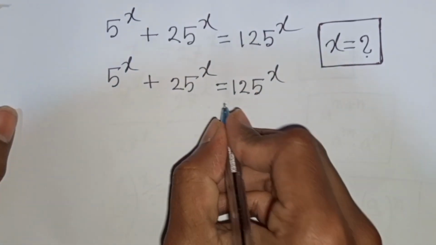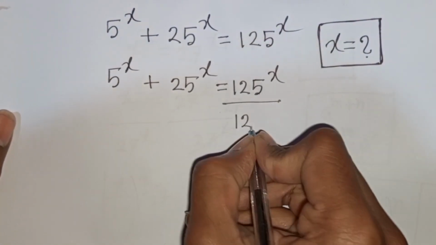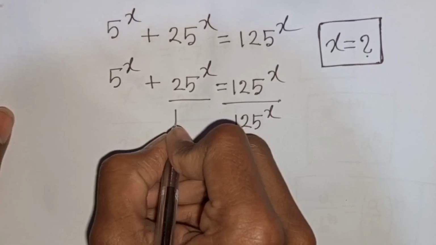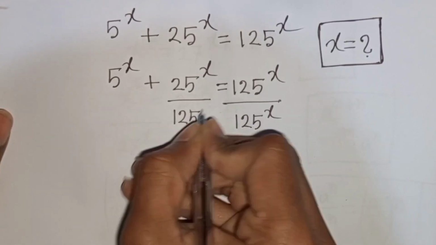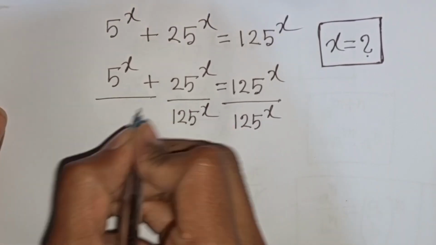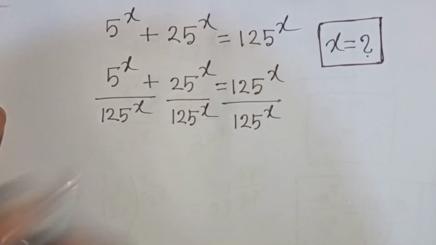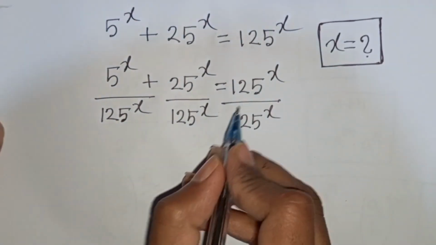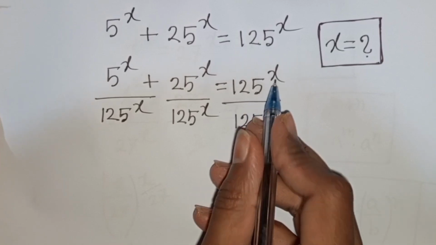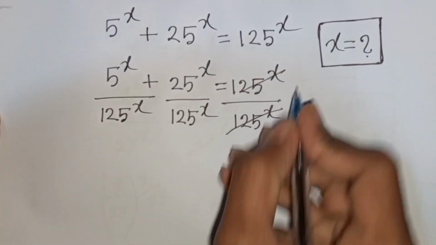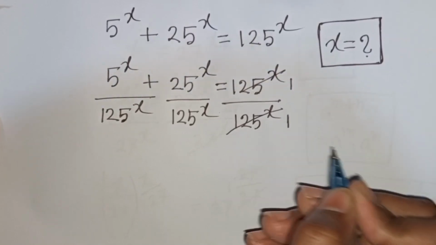So divided by 125 power x. Now we see this 125 power x will be cancelled on each side.